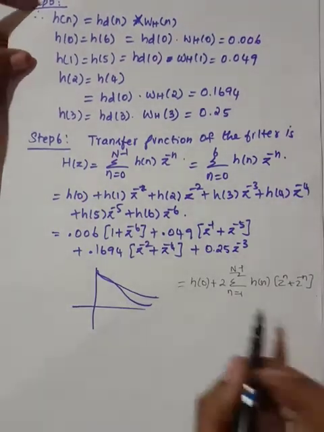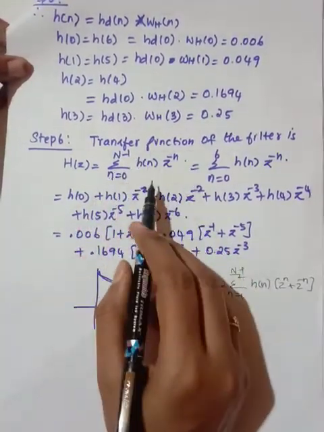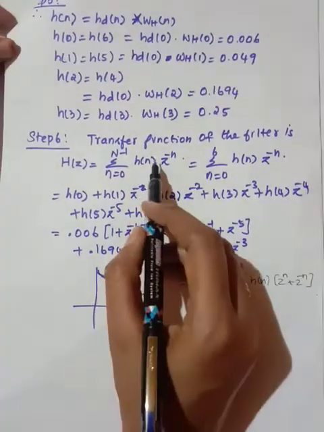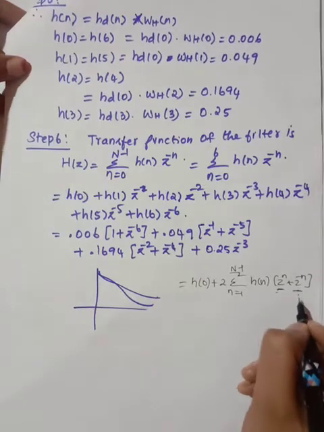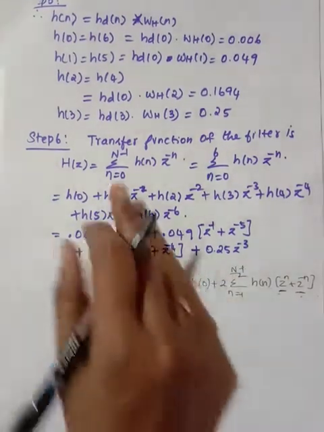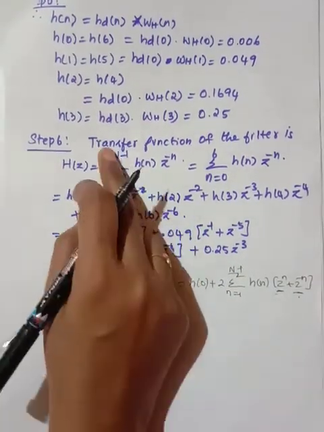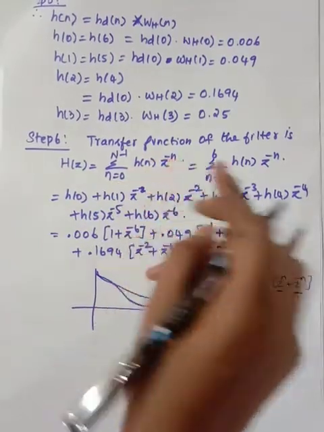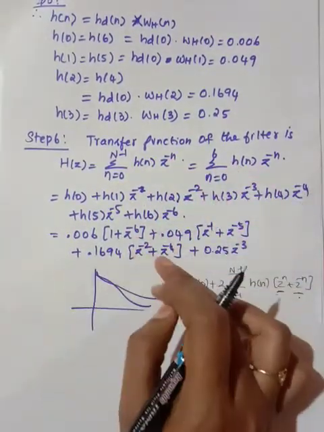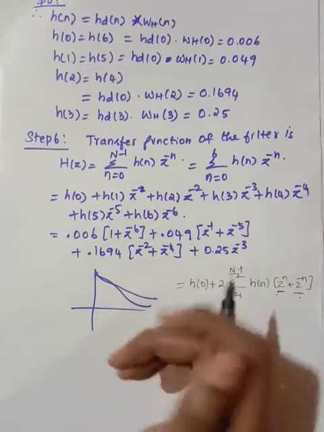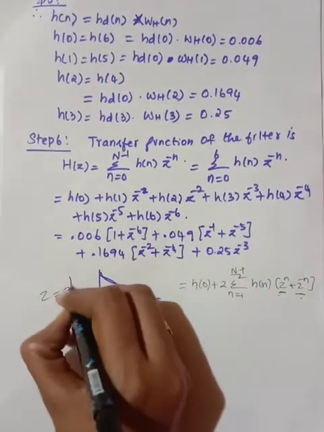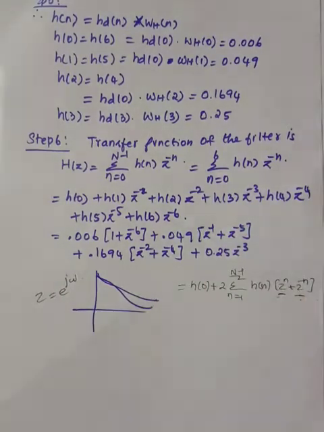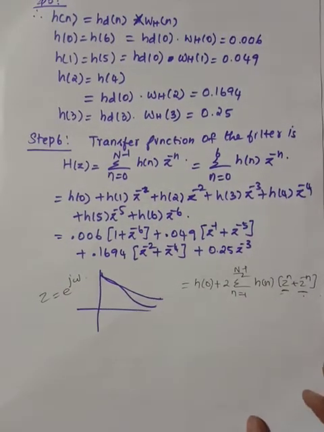Here we have not simplified this, because this represents positive and negative terms, right? In this case there are only positive terms, so 0 to n minus 1 h of n z power minus n. After expanding this, you will get the transfer function. If you want to find the frequency response, substitute z is equal to e power j omega and write down the answer. Okay, now this is the procedure.